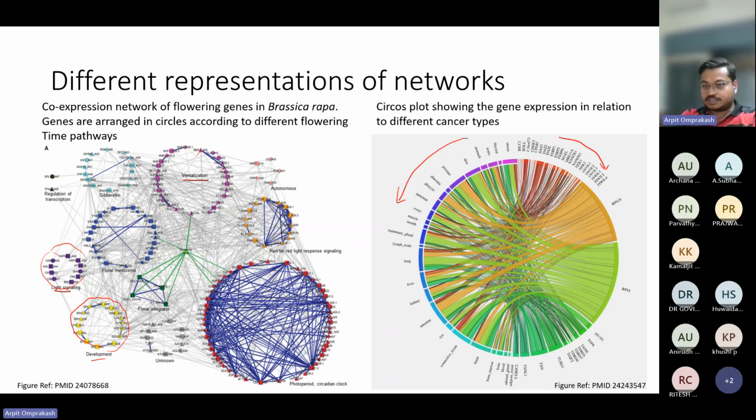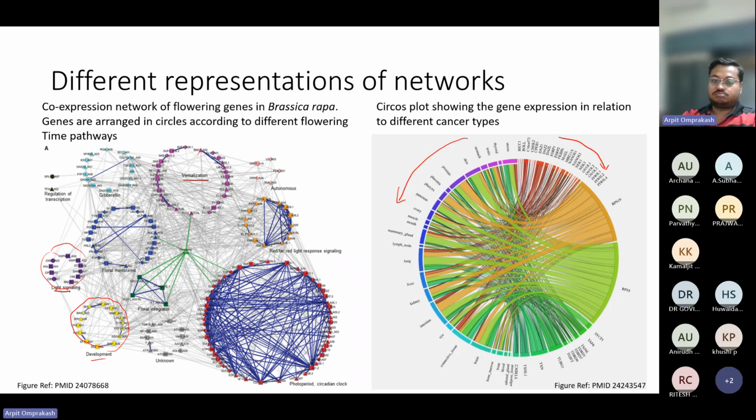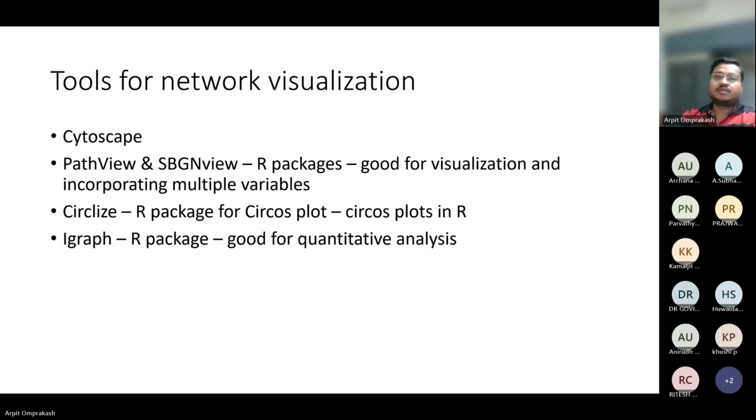And these connections tell you in which cancer which gene is expressed more, and which gene is expressed less. So green means upregulated and red means downregulated, or something like that. Okay. So these are the different representations that we can use to visualize networks.